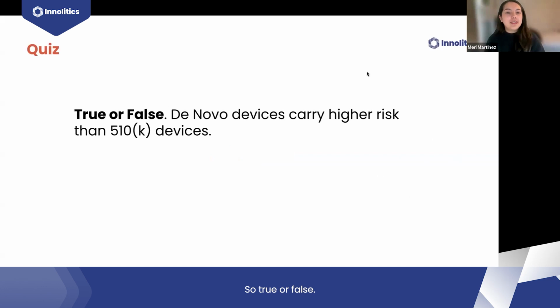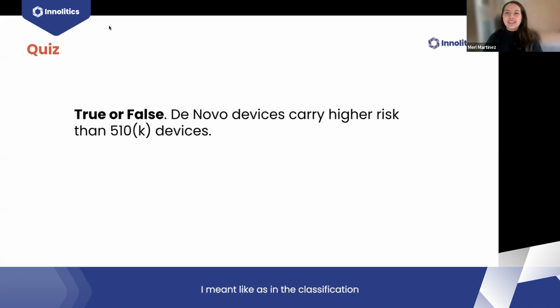So true or false? De novo devices carry higher risk than 510K devices. Risk for whom? The patient or the people trying to get it approved? That's a good question.